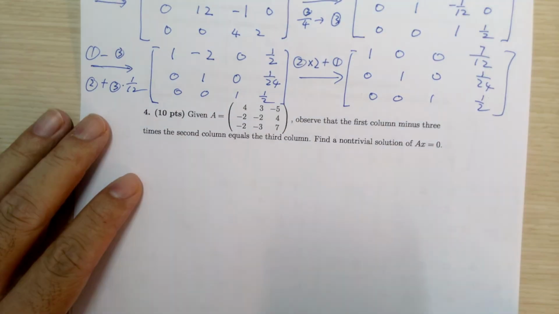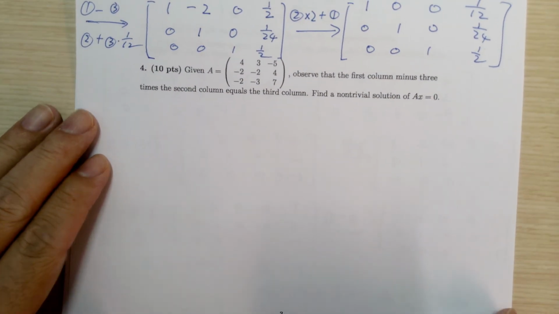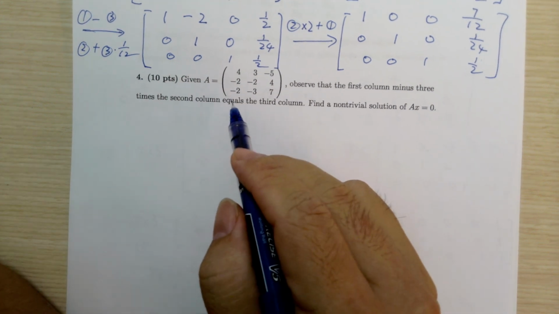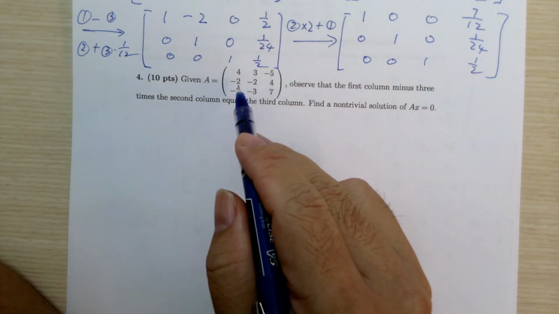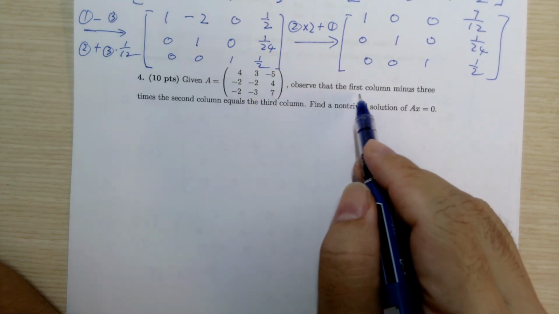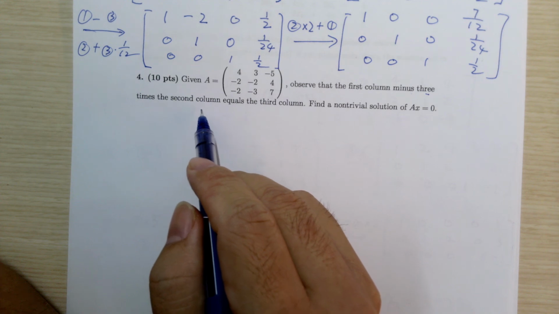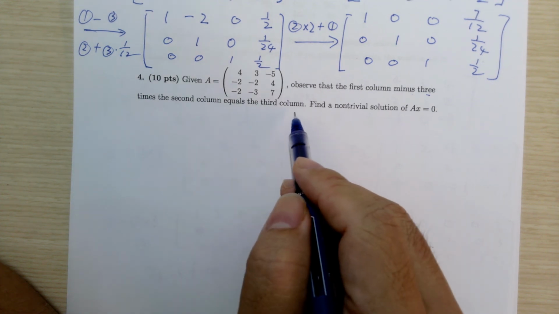Okay. And last one, given this matrix, observe that the first column minus 3 times the second column equals the third column.